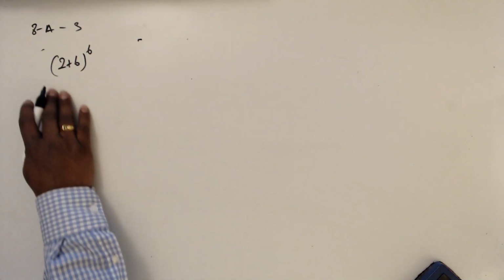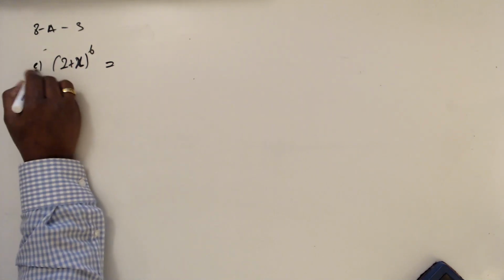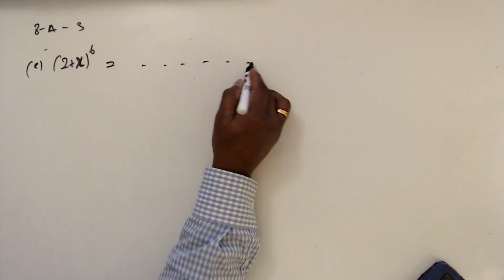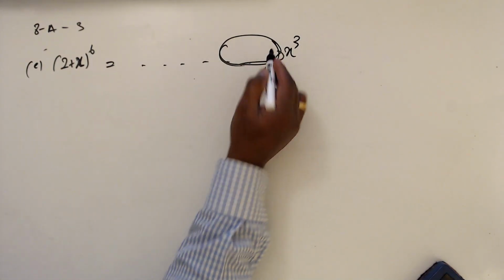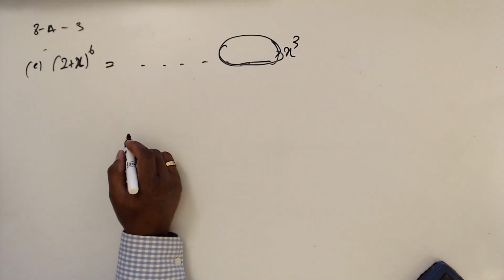The other one is (2 + x) to the power 6, the coefficient of x cubed. When you expand, somewhere you will get an x cubed term, and that value we need. So how do we write the coefficient of x cubed?